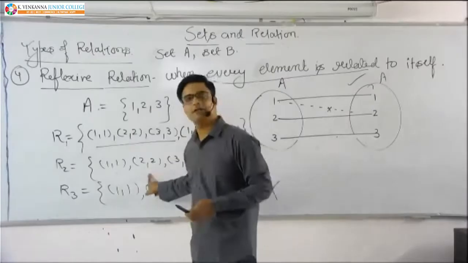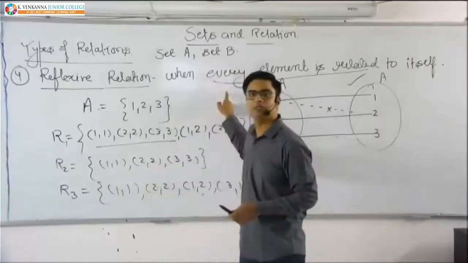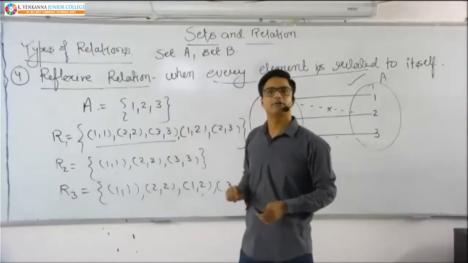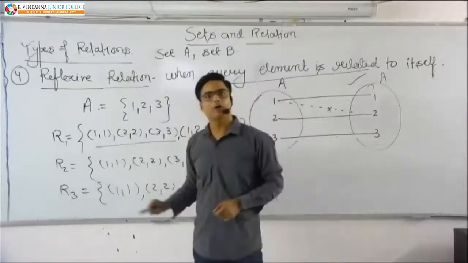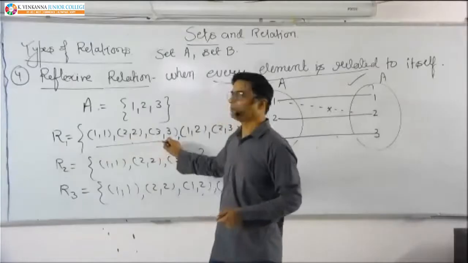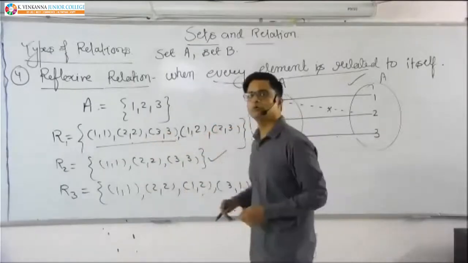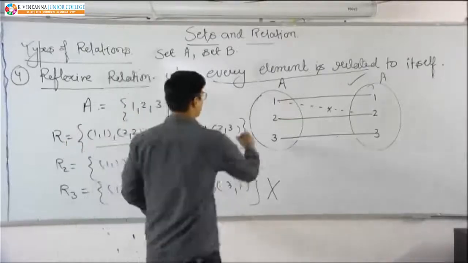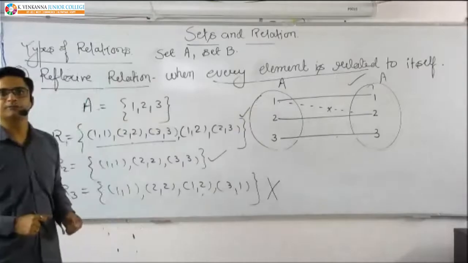We already know it is an identity relation, and for reflexive relation, this minimum property is getting satisfied in R2, so it is a reflexive relation also. And in R1, 1, 1, 2, 2, 3, 3 is satisfied. After that, 1 is connected to 2, 2 is connected to 3, not an issue. So R1 is also your reflexive relation.